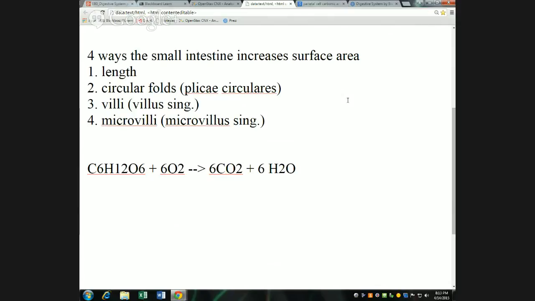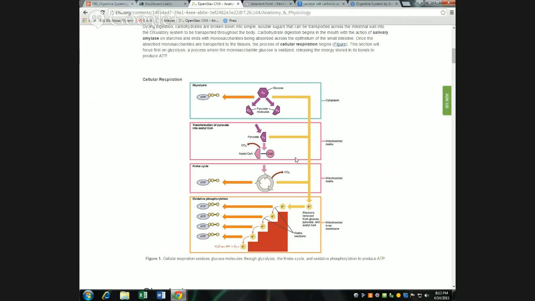I put that up on the board last time, right? That's cellular respiration. Now, that doesn't actually all happen at once in our bodies. It's separated out into a lot of smaller, easier to control reactions. But that reaction is kind of expanded a little bit here.